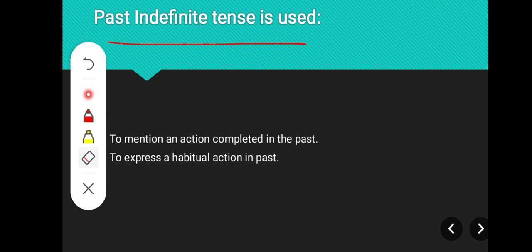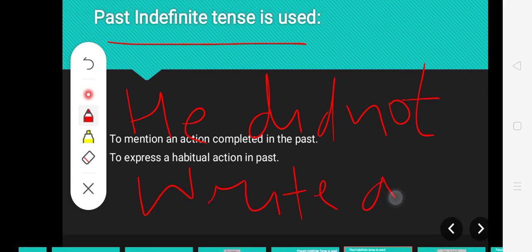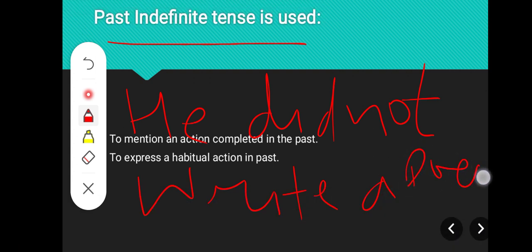And if we want to use negative tense, we'll say he did not write a poem.